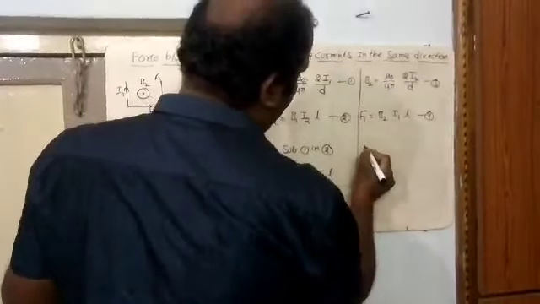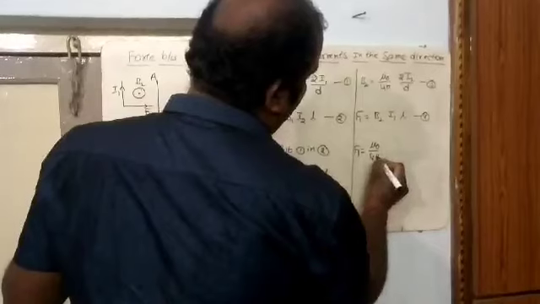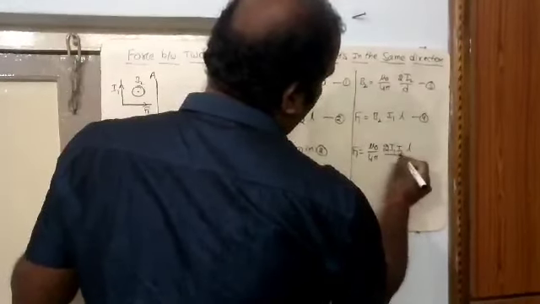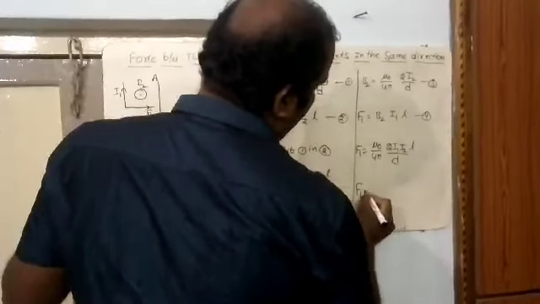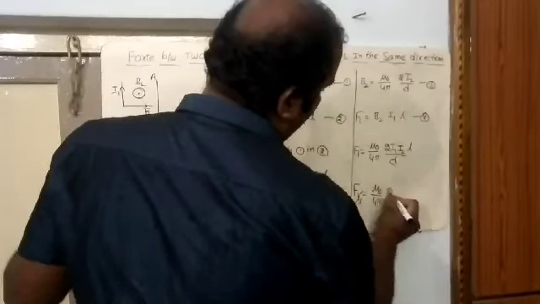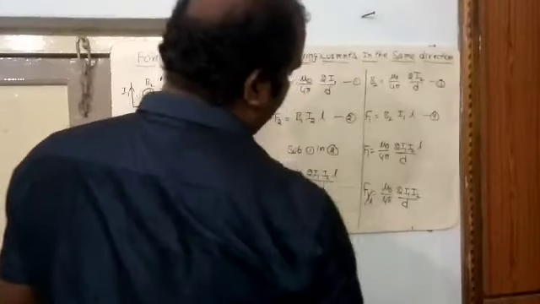Substituting 3 and 4, you can get F1 is equal to mu naught by 4 pi into 2 I1 I2 L by D, and finally F1 by L is equal to mu naught by 4 pi into 2 I1 I2 by D.